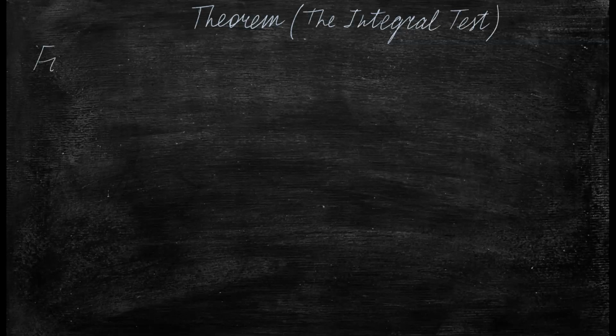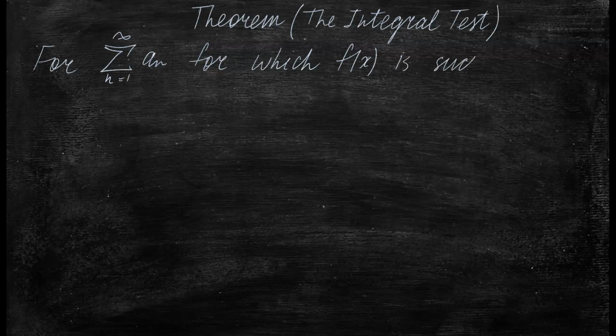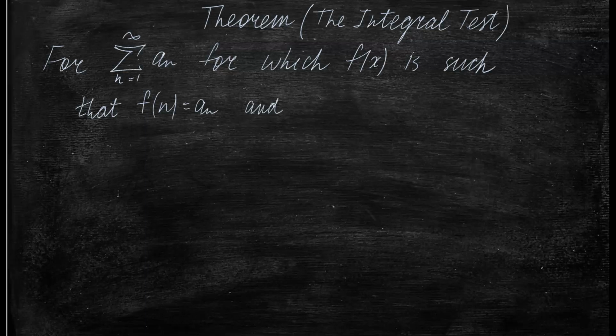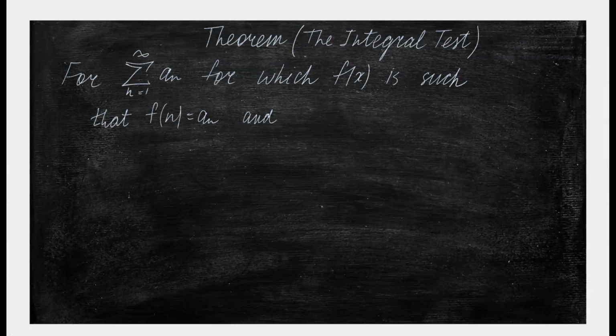And here it is. So if we have a series that satisfies the following conditions. So if you introduce a function on which the elements of the series reside, and if this function satisfies the following three conditions.